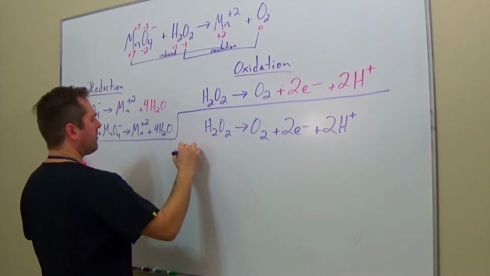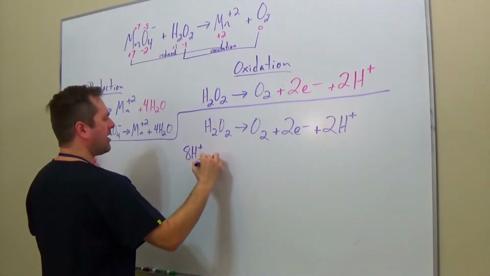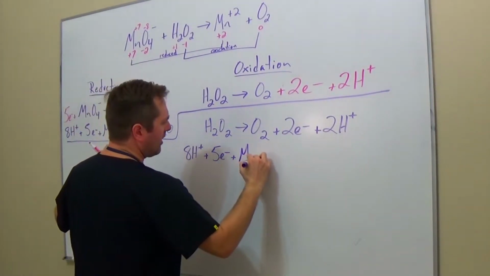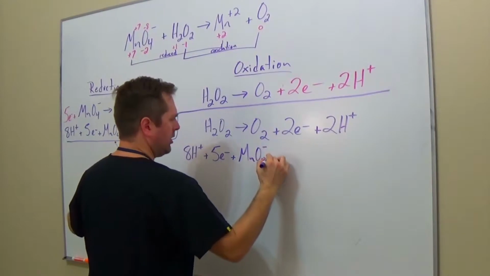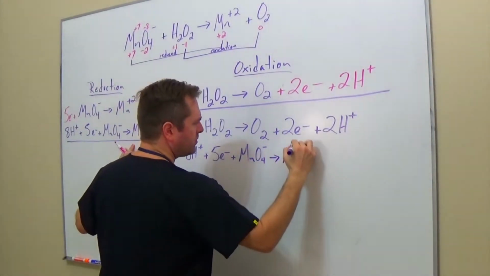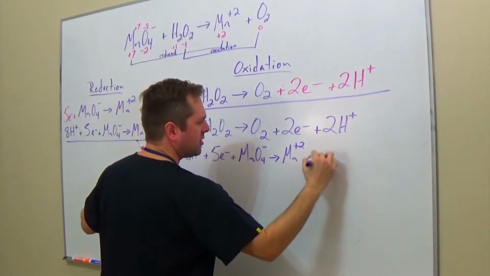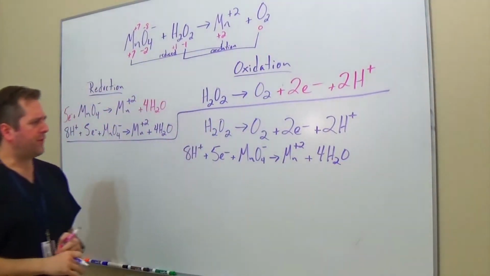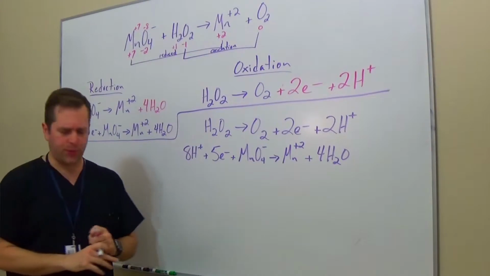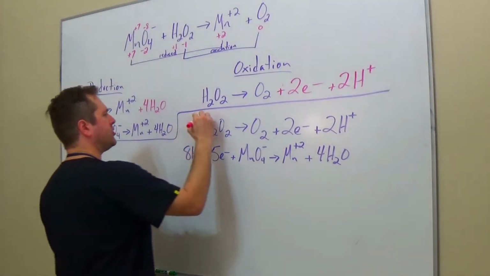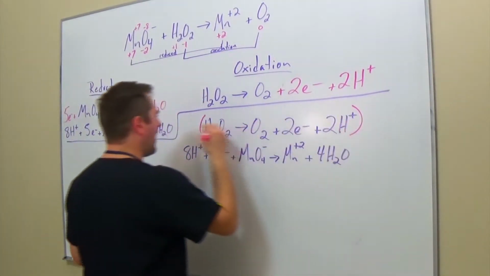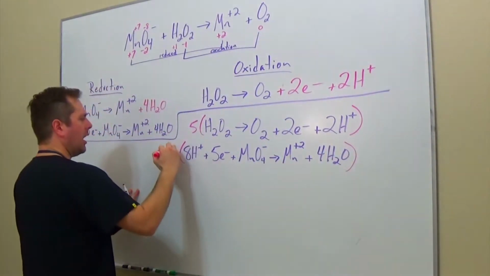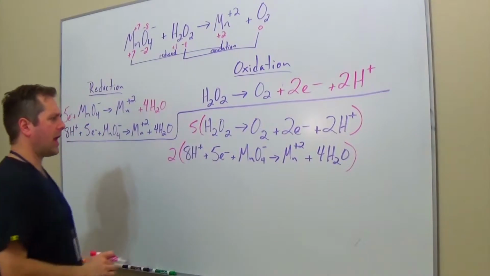And then over here, 8 hydrogen ions plus 5 electrons plus the permanganate ion yields manganese 2 plus 4 water. Okay, focus on the electrons. We need a common multiple. So up here, we're going to need to distribute 5. And down here, we need to distribute a 2. Okay, let's go for it.